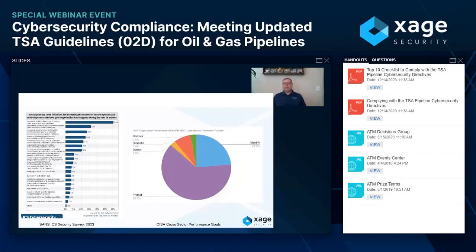So if you have an identification and detection tool, or an asset and inventory tool running on your OT network, what are the ways that you are learning from those tools and devices and feeding that into your protection?